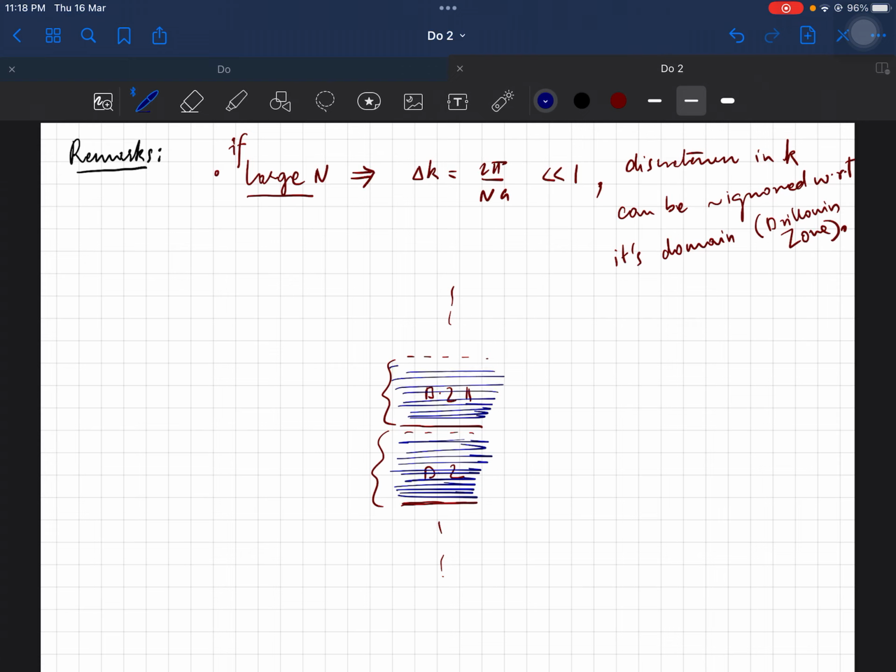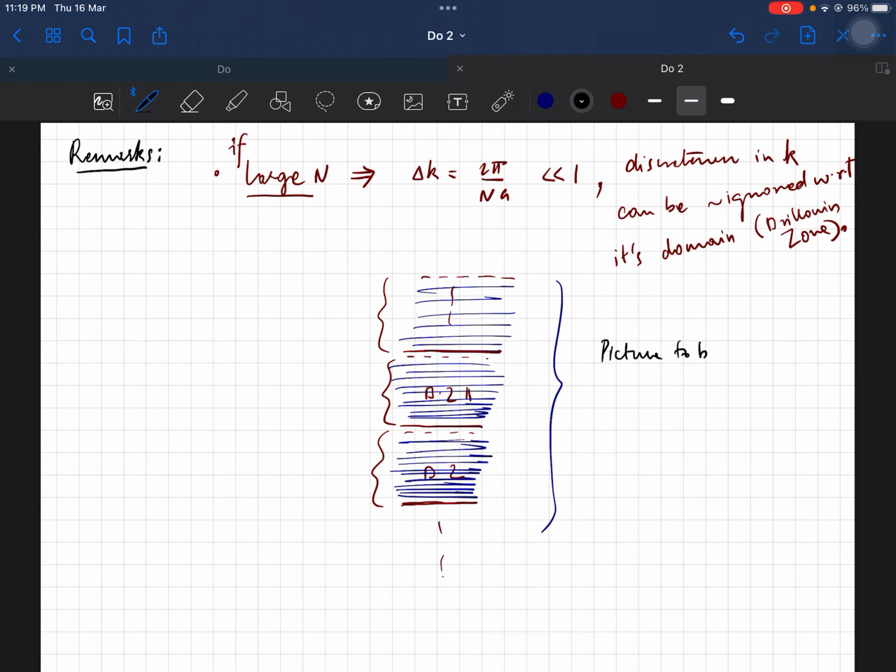This is the picture that you need to keep in mind. It's not continuous.